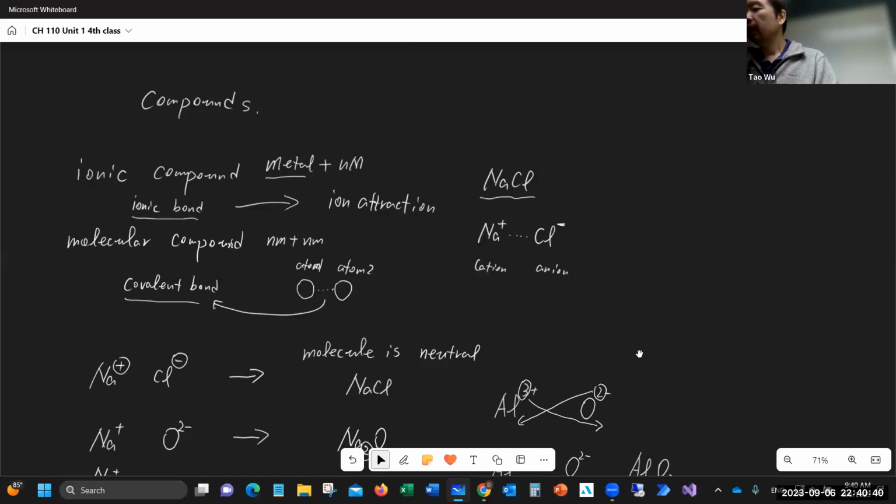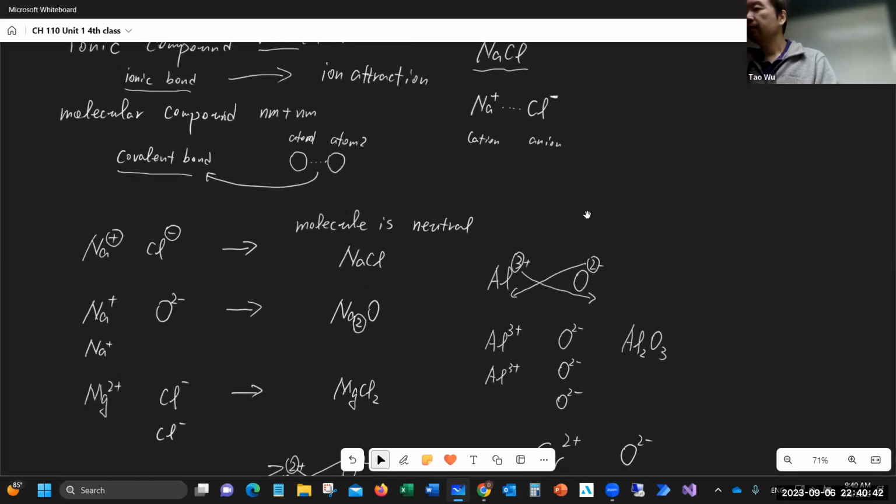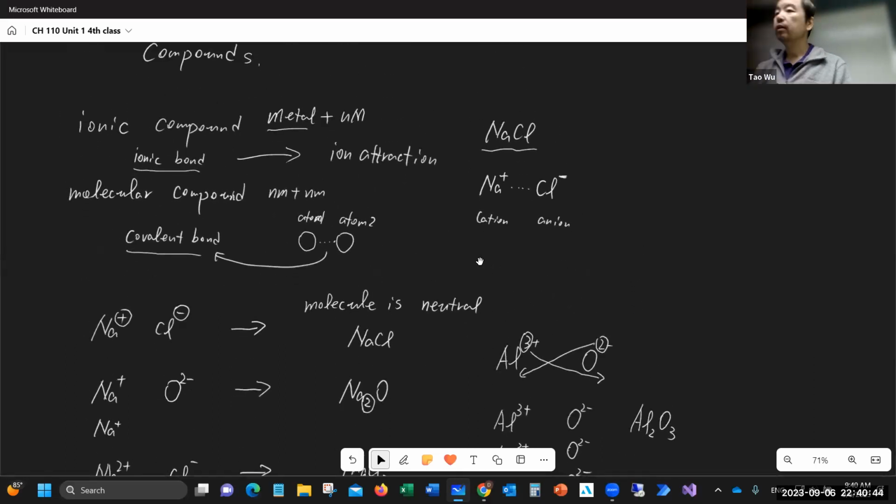And we also talked about how to identify whether it's an ionic or molecular compound. You can just go by the formula, because in the formula, the first one should be a metal and the second one should be a non-metal. Then in this case, this definitely is an ionic bond.